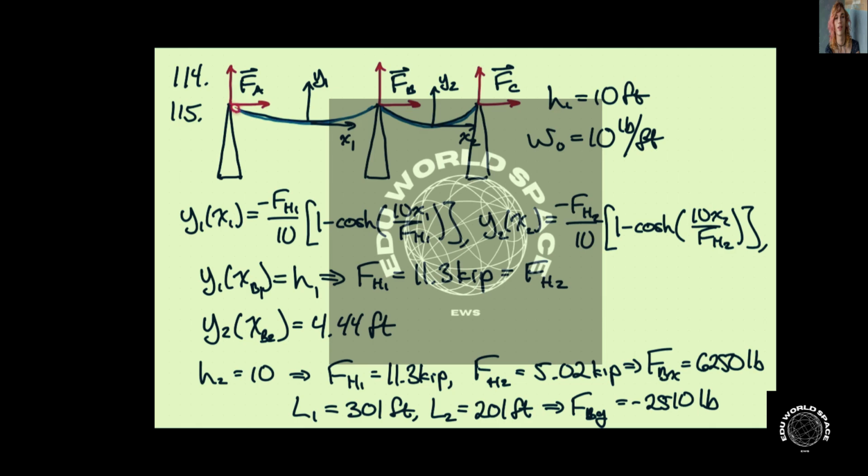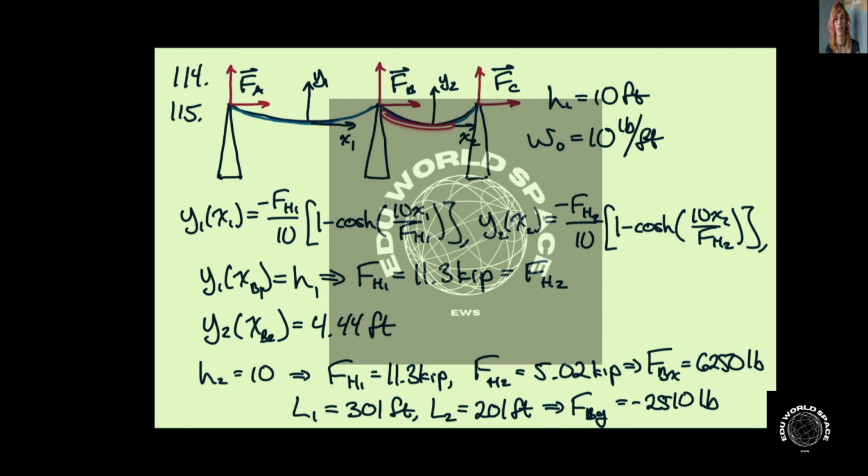So about an extra foot, which is kind of interesting, because this thing sags 10 feet, which seems like a lot, but the cable is actually only 1 foot longer than the distance between these towers.